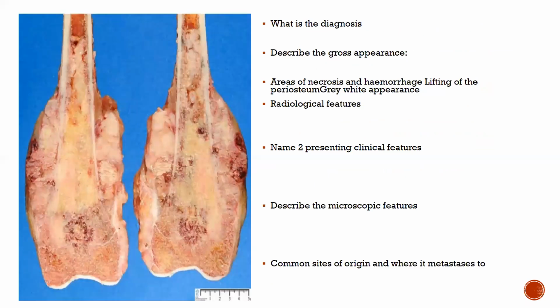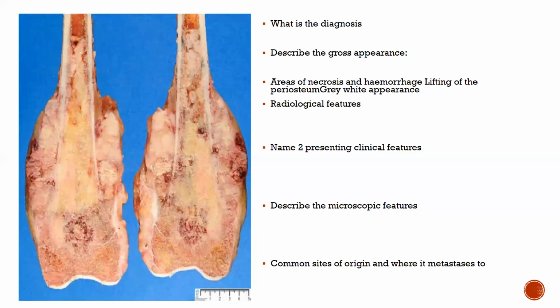Now, what do we have here? Anyone? I'll always advise you, when you see a diagram, try to figure out where that diagram is from. So what part of the body are we dealing with here?